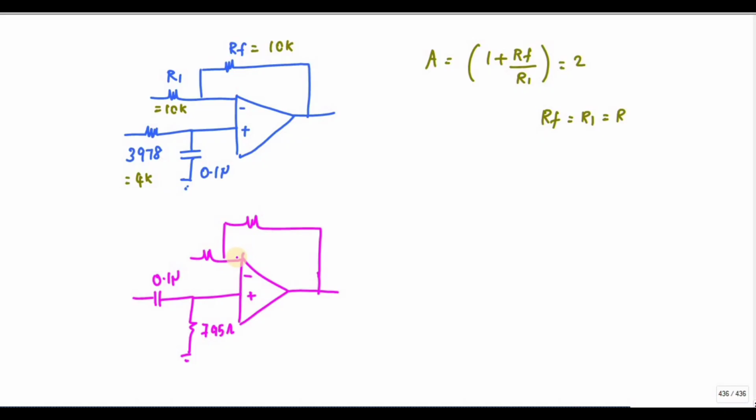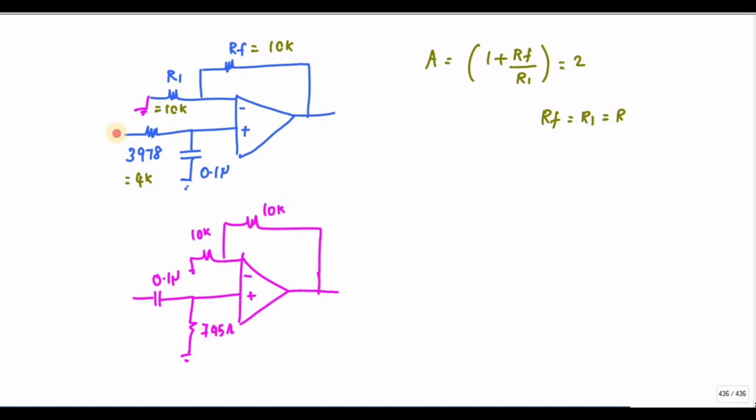Since the passband gain is 2 for this also, I can take the same values.